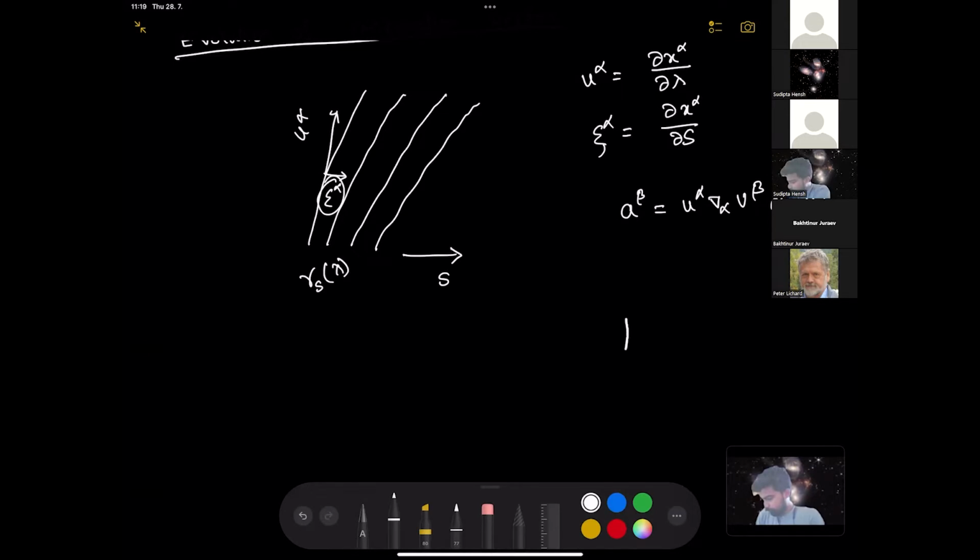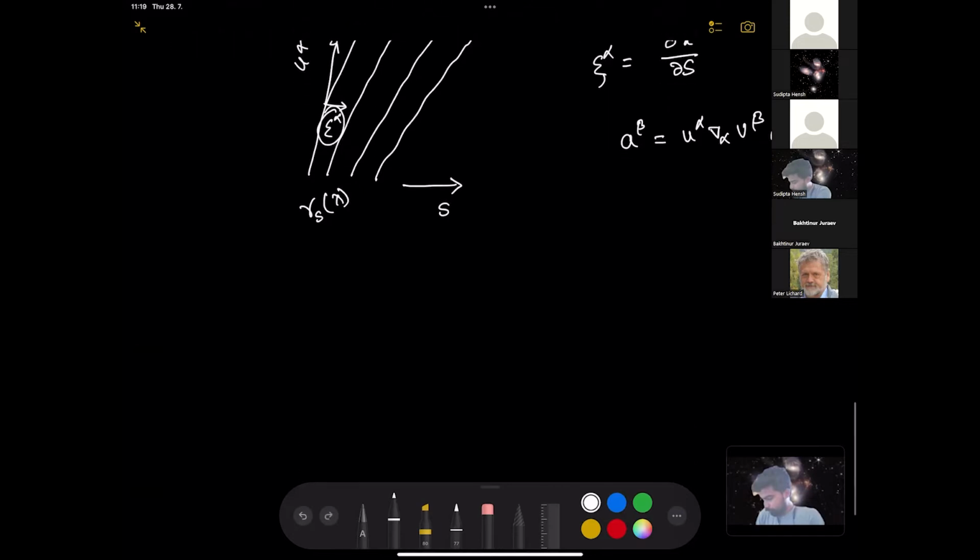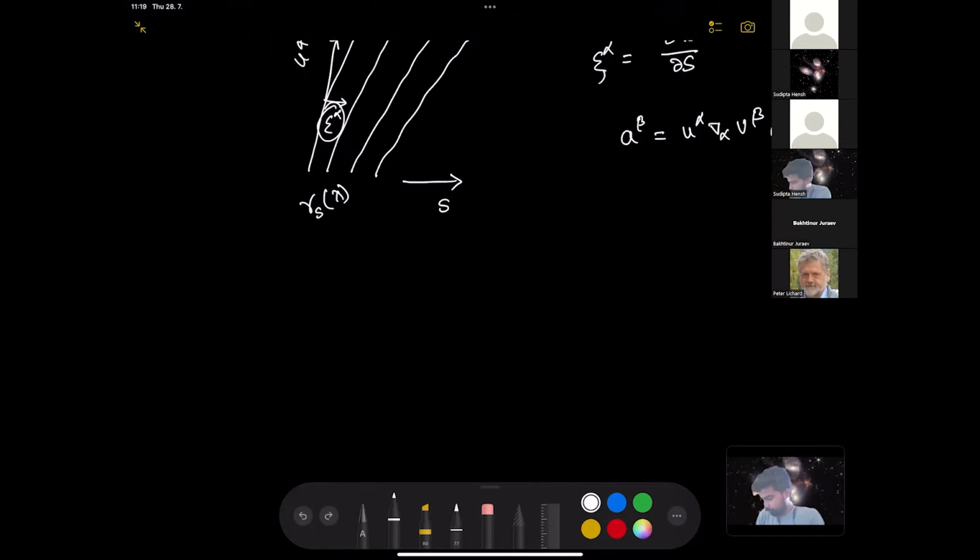So how do we define this in a setting with torsion? We first calculate this Lie derivative of this separation vector along the tangent vector.